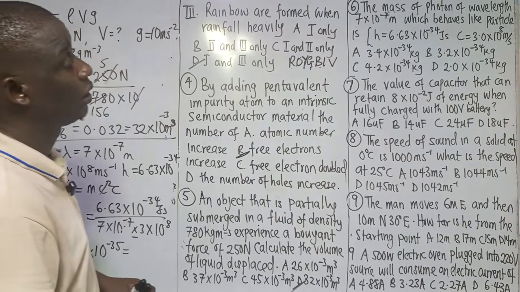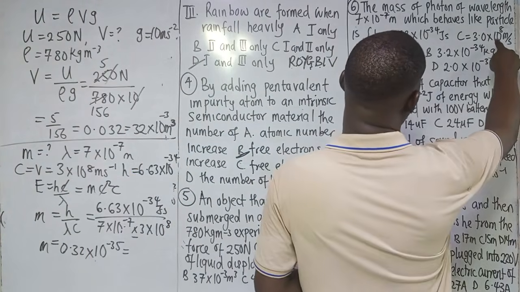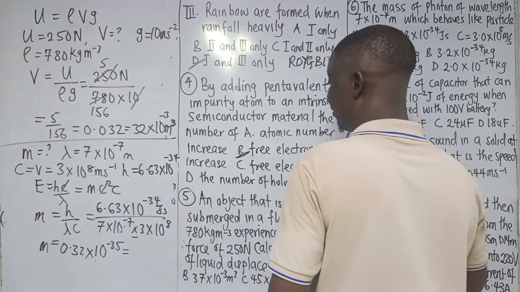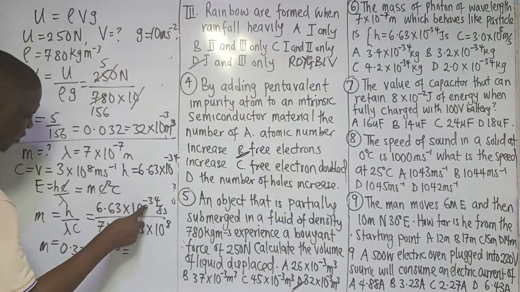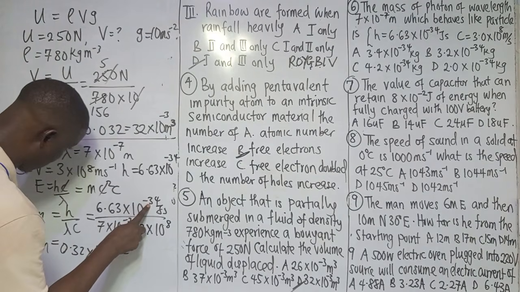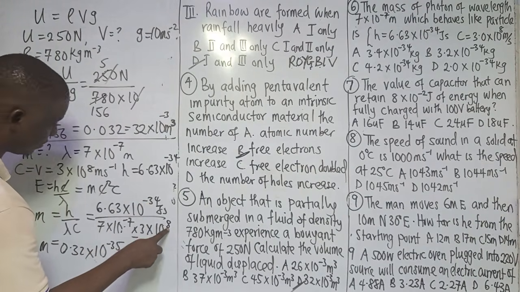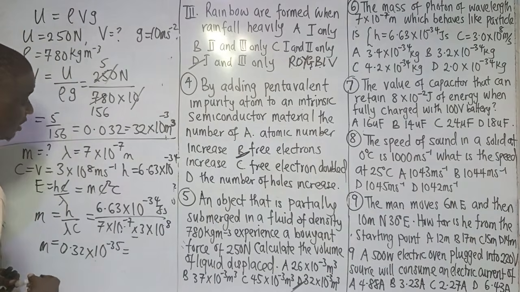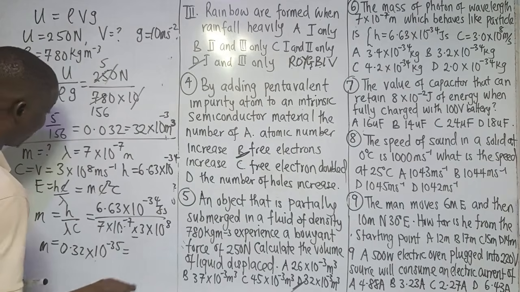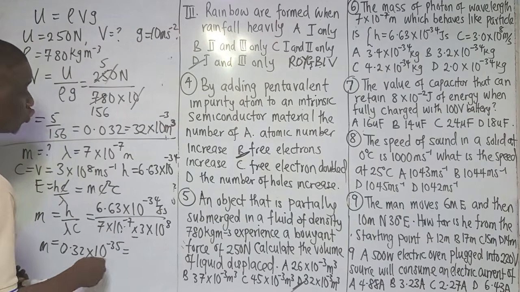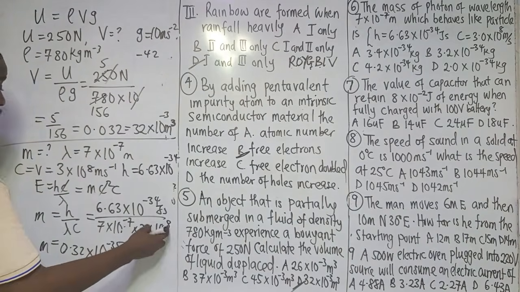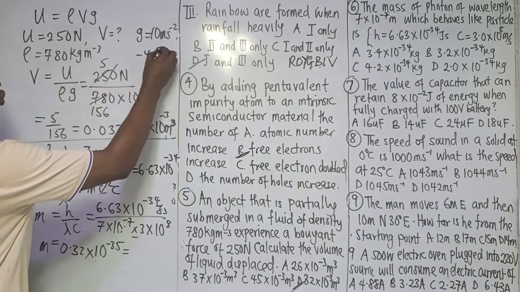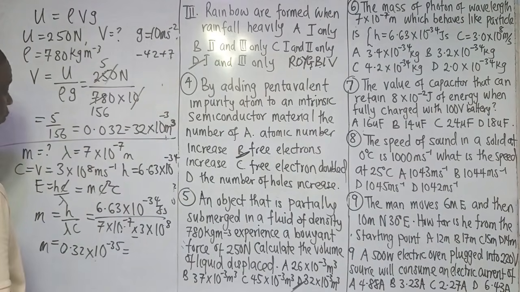Then we have the speed of light as 3 times 10 to the power of 8. So in this case, if you have 10 to the power of minus 34, then divide by 10 to the power of, this one will give us 10 to the power of minus 42. Minus 42, look at it. If this one goes up now, minus 42 plus 7, what do we have?